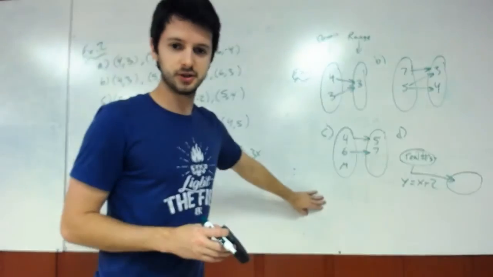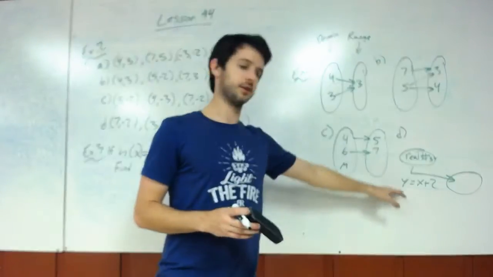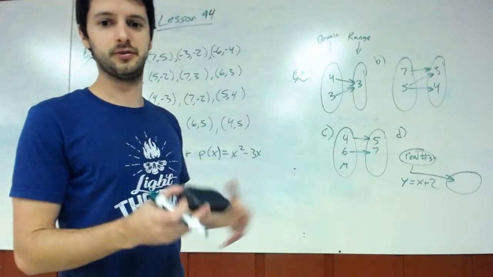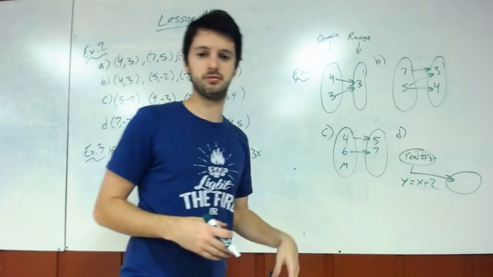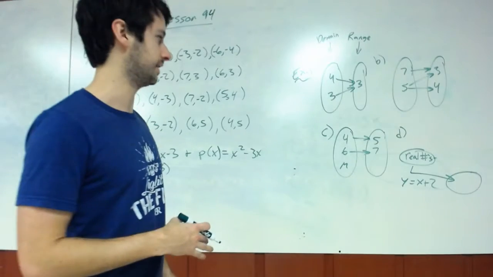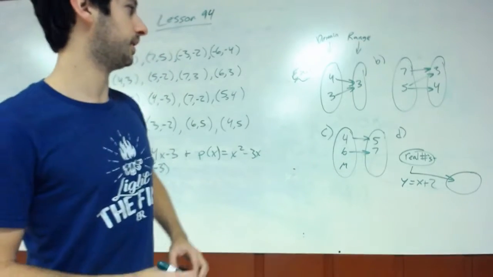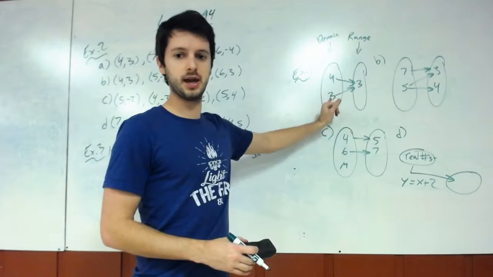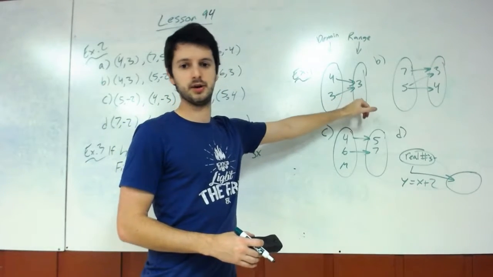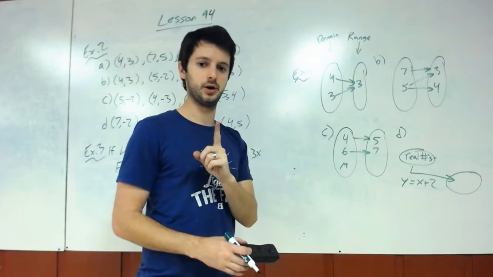Whatever the equation is, it could be y equals x plus 2. You have a bunch of different stuff: x squared, square root of y, different things like that. Point being, each number in the domain needs an answer in the range, but it can only have one.